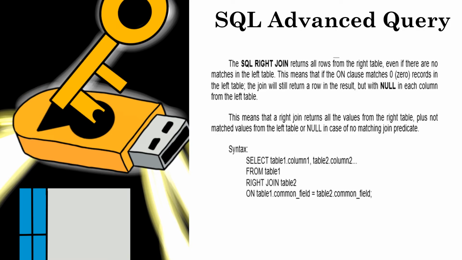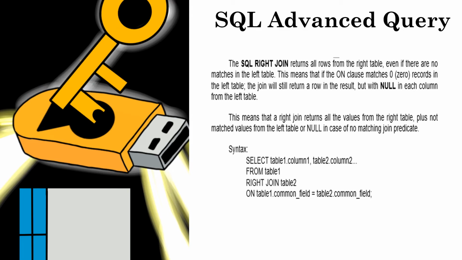The SQL right join. SQL right join returns all the rows from the right table, even if there are no matches in the left table. This means that if the on clause matches zero records in the left table, the join will still return a row in the result, but with a null in each column from the left table.